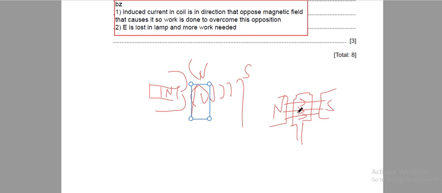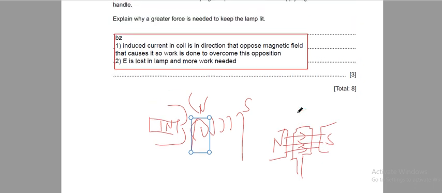This opposition means that it needs energy, or work, to overcome this opposition or repulsion. Exactly here we were asked more than once why we should push the magnet to maintain a reading on a voltmeter or ammeter, because this opposition needs a force to overcome it. Make the energy and you will understand what is written here.